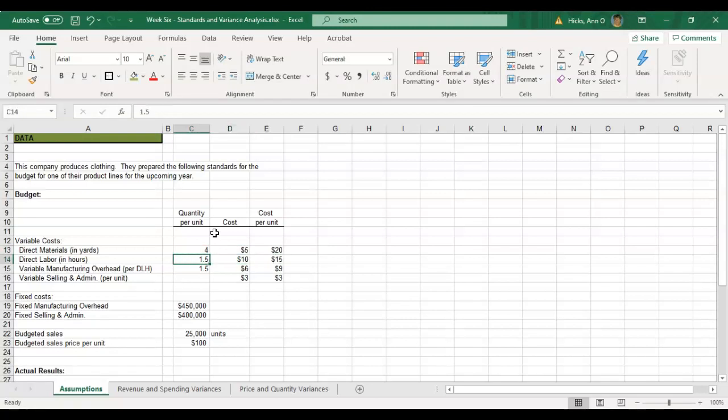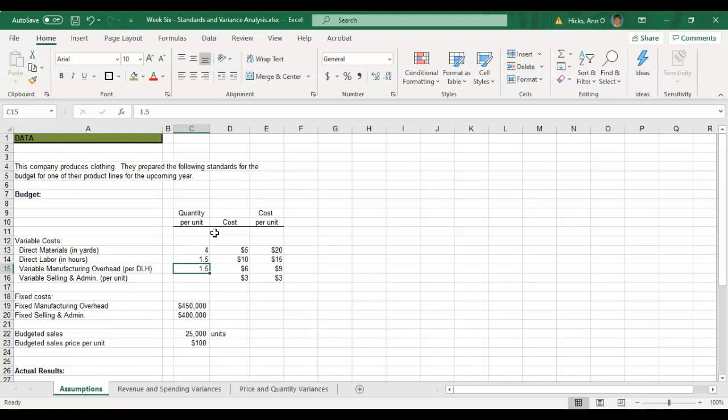We did a similar exercise for our direct labor and came up with a standard of an hour and a half. What we're saying there is we would anticipate that it would take our direct laborers 1.5 hours to complete 1 unit of product. Our standard for payment was $10 per hour, and that's how we came up with our budgeted cost per unit, or standard cost per unit, of $15.